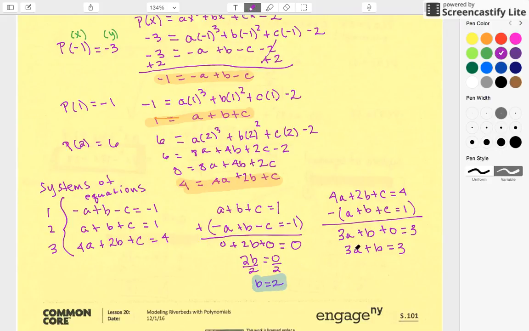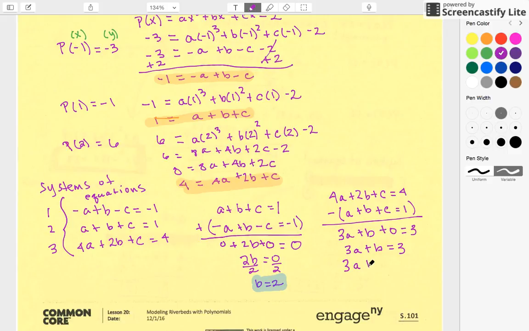Now we are not able to isolate here because we have 2 variables. This is already simplified. But since we already know b, we can just substitute it in for b. I'll show that in a different color.